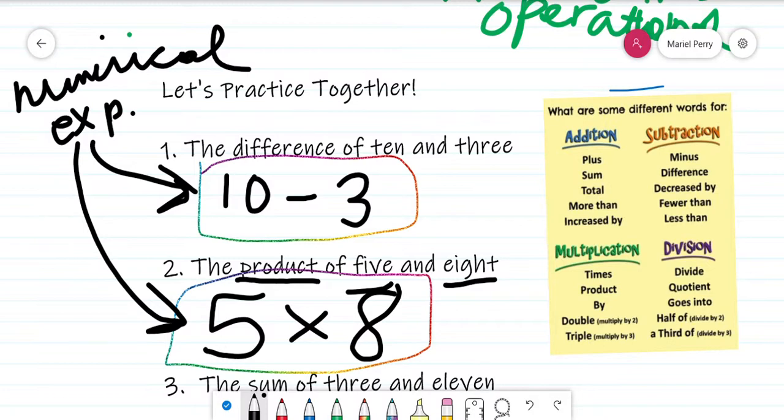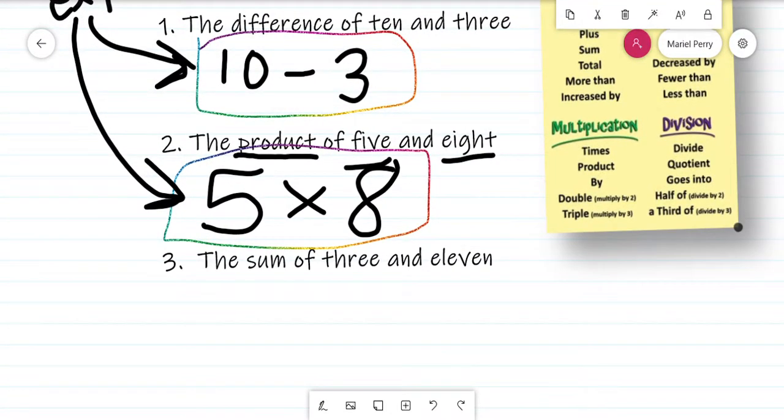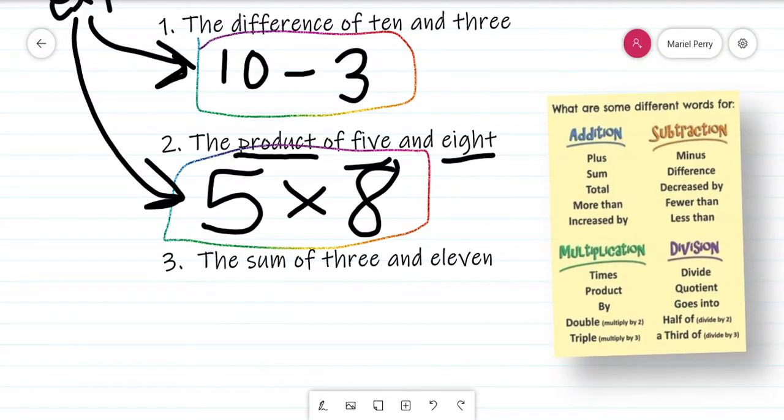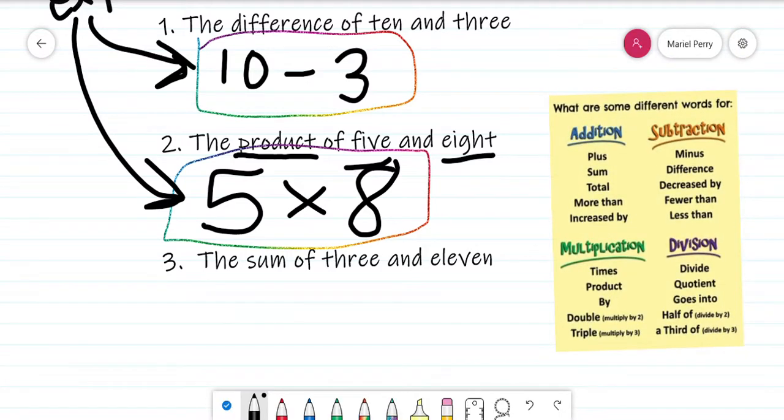And finally, let's do one more together. It says the sum of 3 and 11. Oh, sum is my favorite. Sum is addition. The sum of 3 and 11. What do we call that?